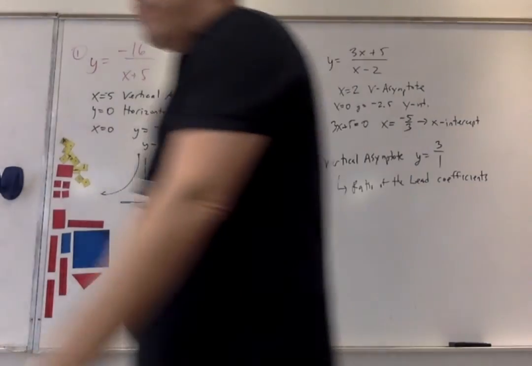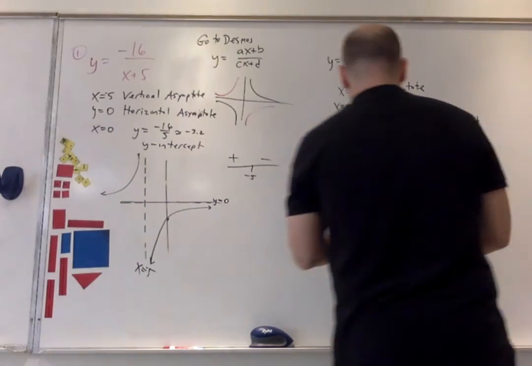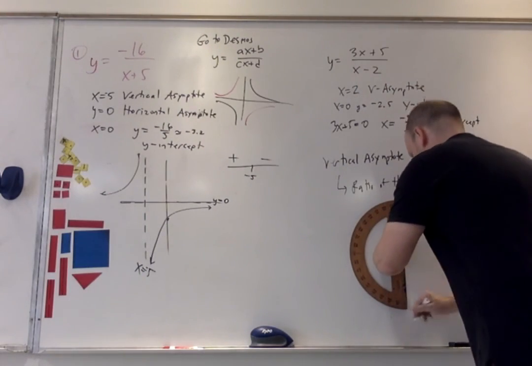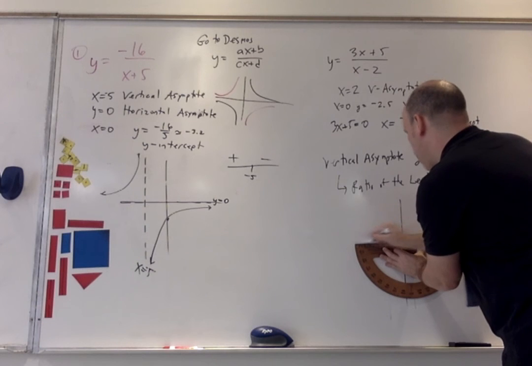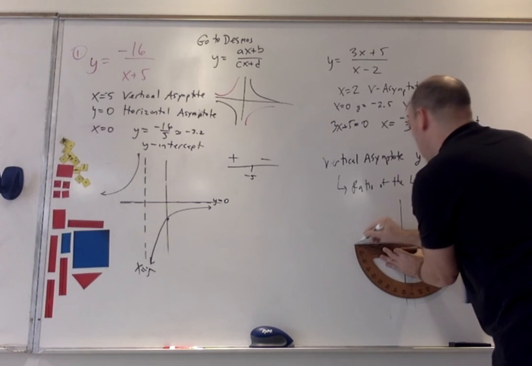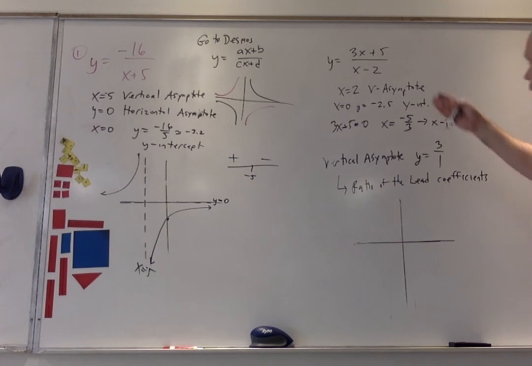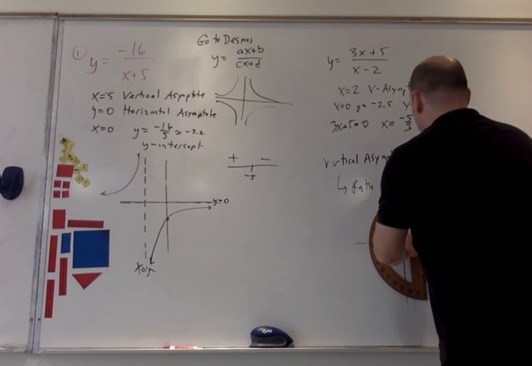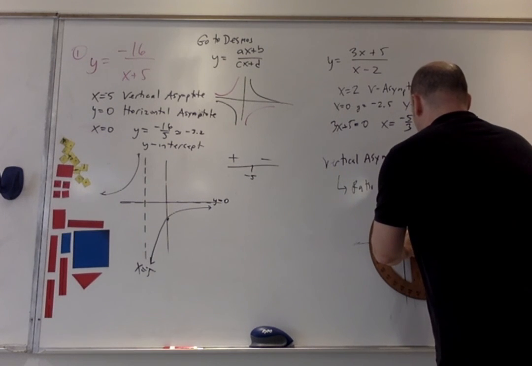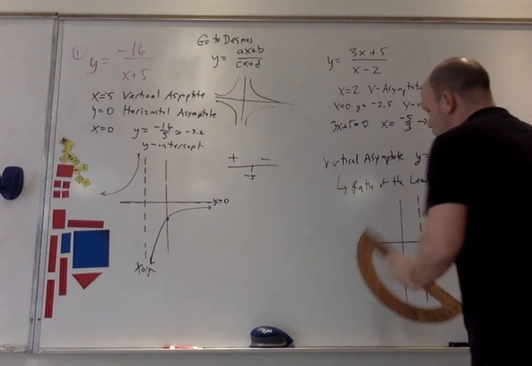Let's get our ruler. We make our axes. We draw in our vertical asymptote. The first one is x equals 2. Please remember to always use a pencil.